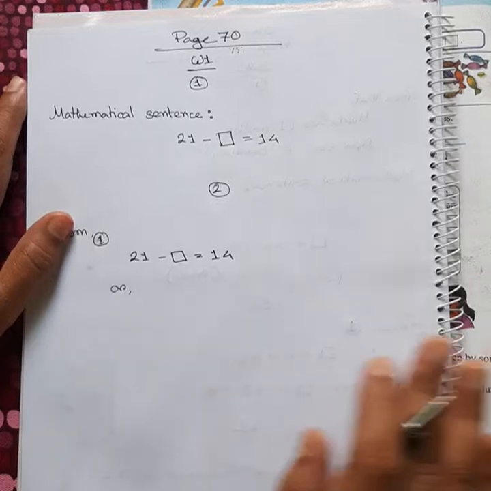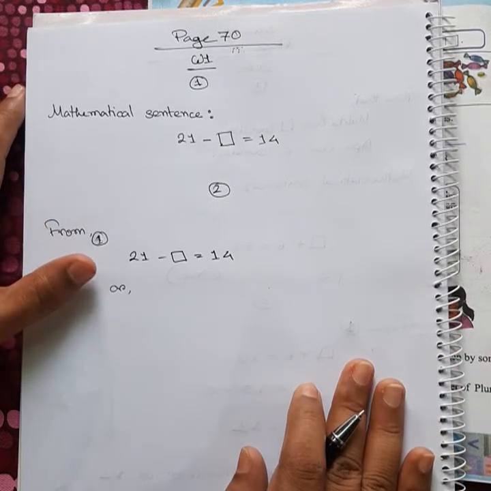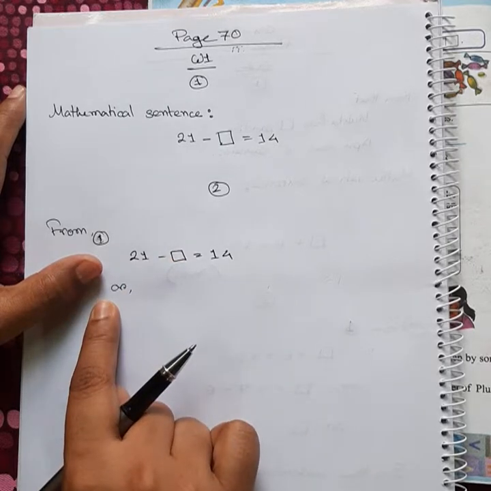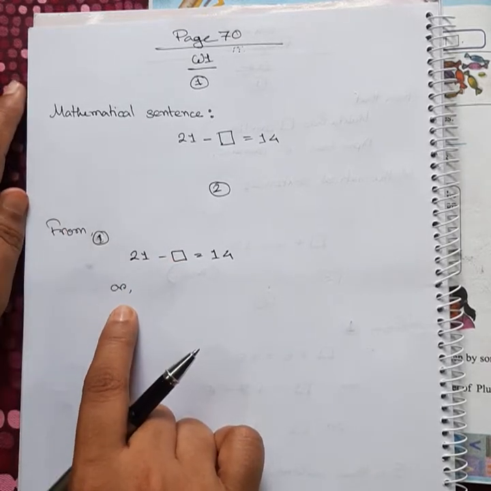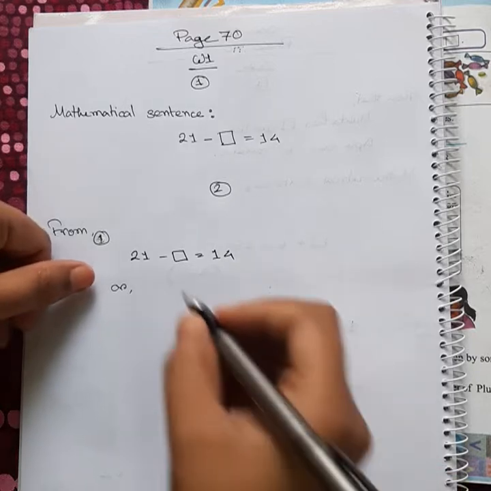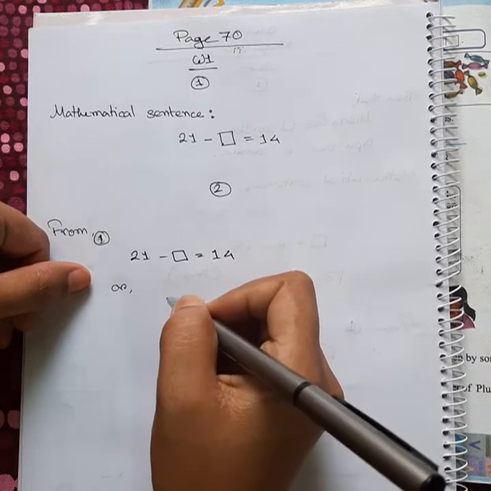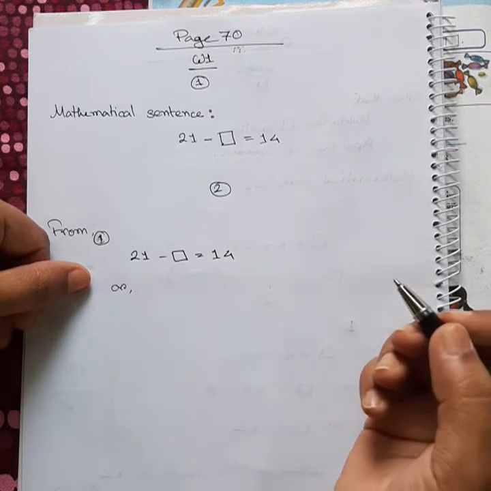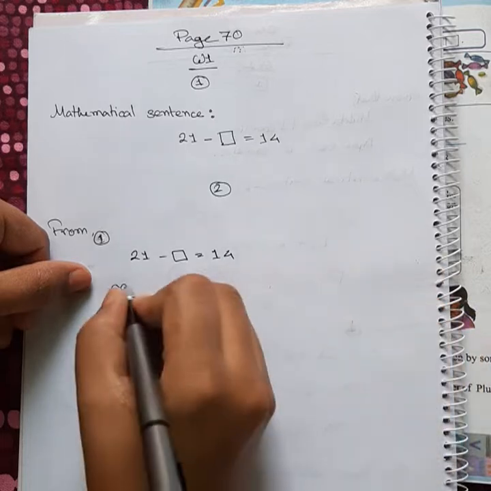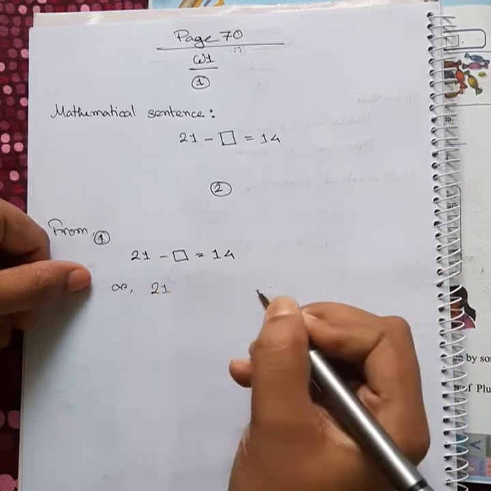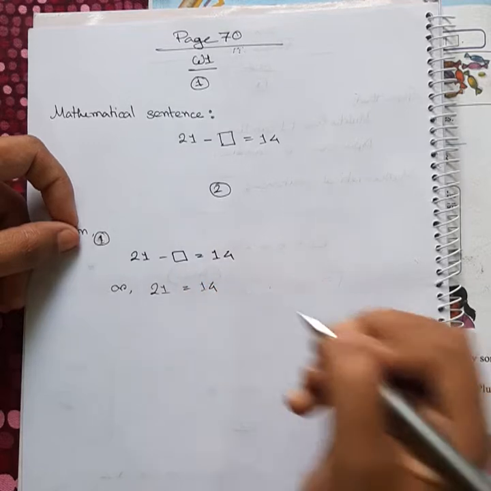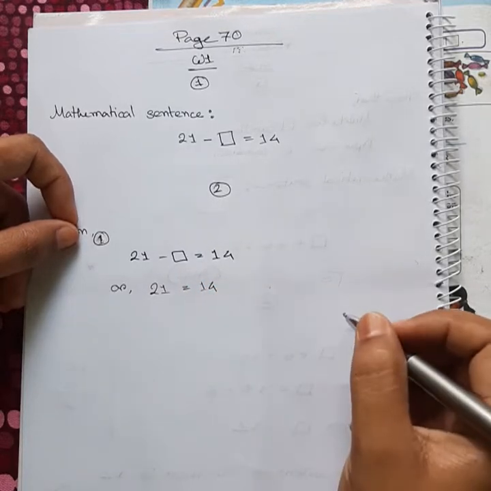So how to do that? We are going to keep that one on our left side. No, we are not going to take that on our left side because it is having a subtraction sign, which we really don't want. What we are going to do at that time, we are going to take the box on the other side to make it positive. Let's write it that 21 will be over here and that 14 will be in its place, but we are going to do what?